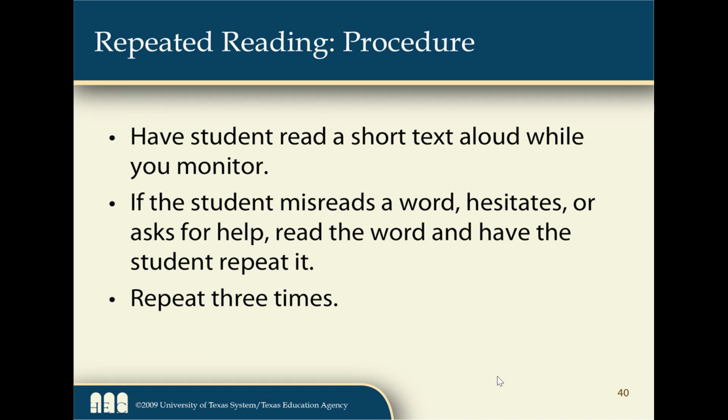If the student misreads a word, hesitates, or asks for help, read the word and have the student repeat it back to you. And then you have the student repeat the reading 3 times. You may also code and document the behaviors the student's exhibiting those 3 times.